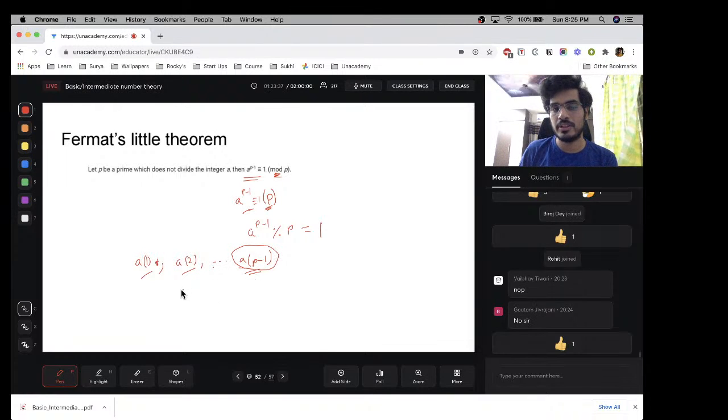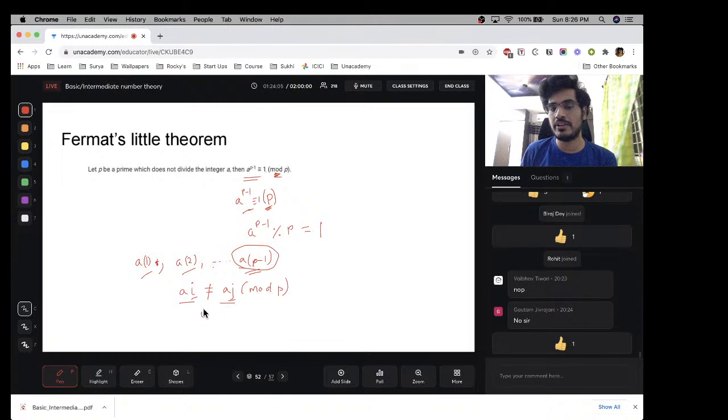Now, since A and P are coprime, A into I will not be equal to A into J mod P. I and J are less than P. This cannot be valid, right?